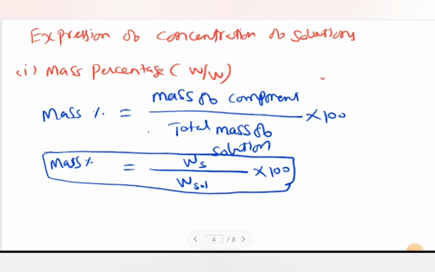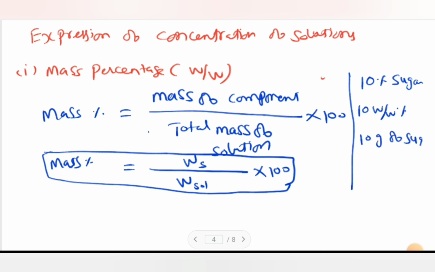Let's say, for example, you are having a 10% sugar solution. If I say the value is 10 weight by weight percentage, it means that it contains 10 gram of sugar in 10 gram of water. 10 by 10 weight by weight percentage means both solvent and the solute are taken in the weight format, not as a liquid one.